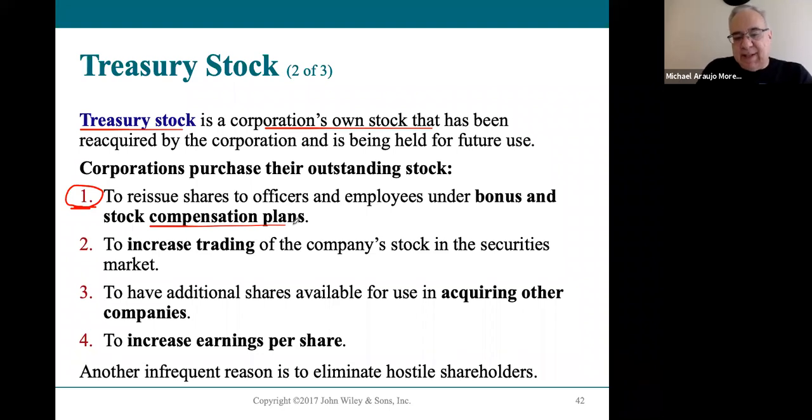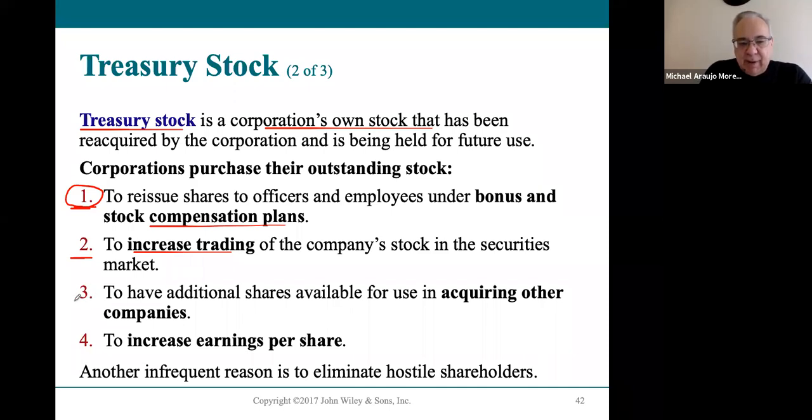There are other reasons that could manipulate things in not as clear a way. One is sometimes companies buy their own stock because they want to be noticed. They want increased trading in the company's stock in the stock market, so it starts making more news. And so that is one way that they manipulate the news in the market.